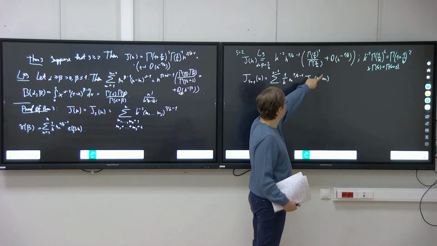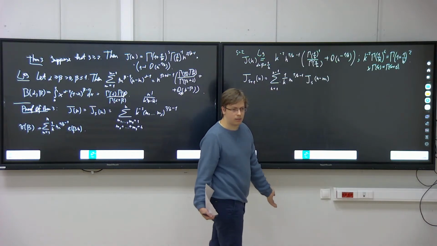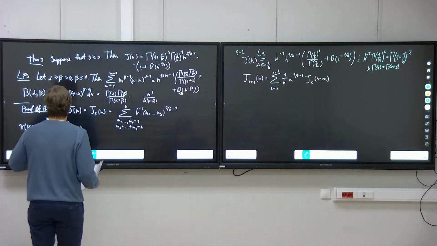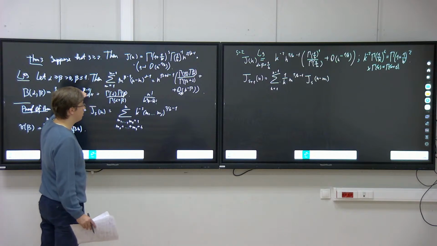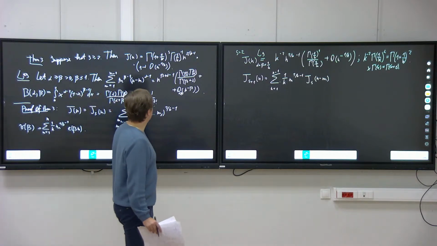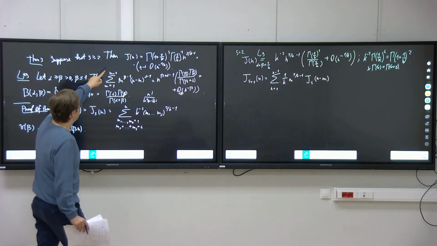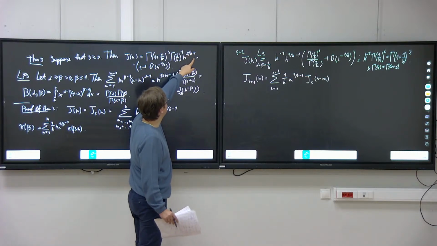For J s we already know, and when we again apply our lemma, because we are in the case of lemma 9, the theorem claims that we have here n to the power s over k minus 1.